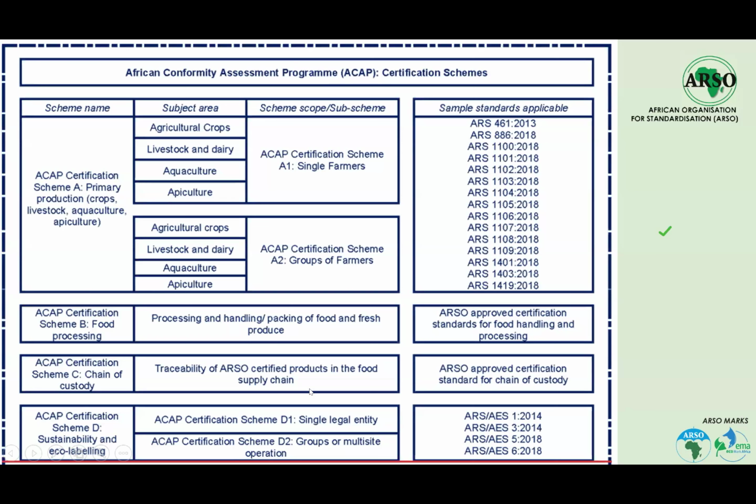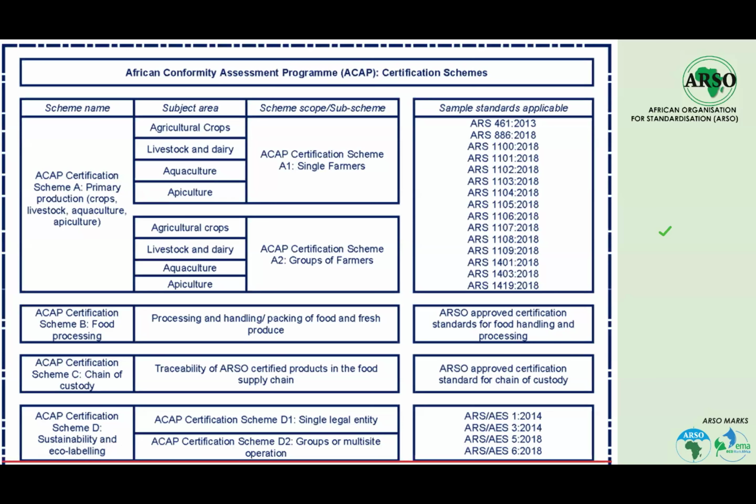We have another scheme, scheme B. As I said, we have 12 schemes, but this is scheme B on food processing. We have also scheme C on chain of custody. We have scheme D. Now scheme D is the one handling the issues of sustainability.